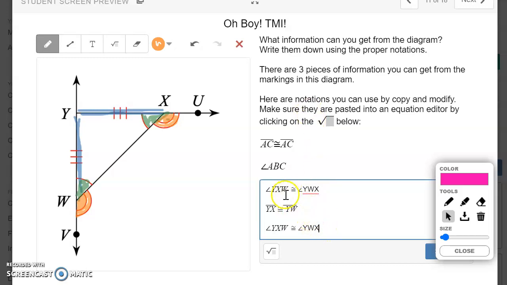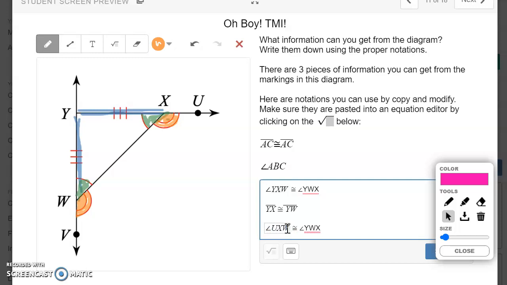Okay, so how would I call this top angle? I need to use the three letters. The middle letter has to be X because that's the vertex. So I can start with WXU or I can call it UXW. So either would be fine. So I'm going to call it UXW.